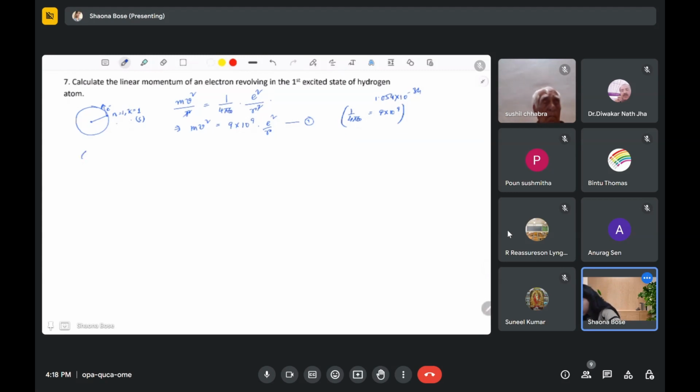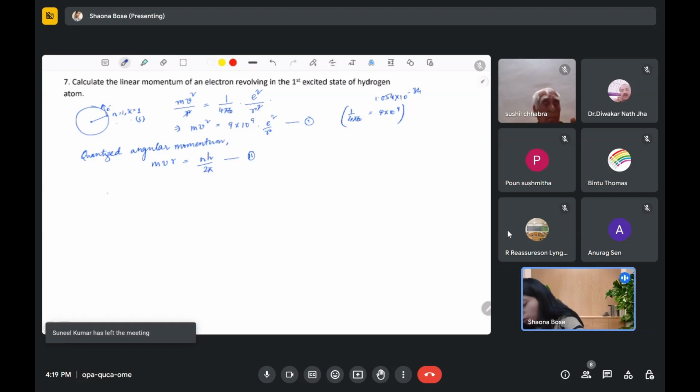Now the angular momentum, which is discrete. So I know my angular momentum is quantized. mvr is equal to nh by 2 pi or n h cut, whichever you like.